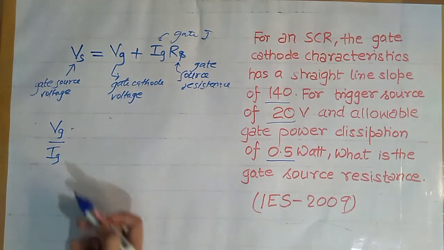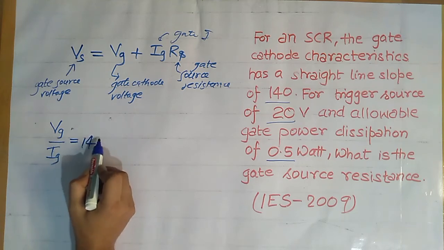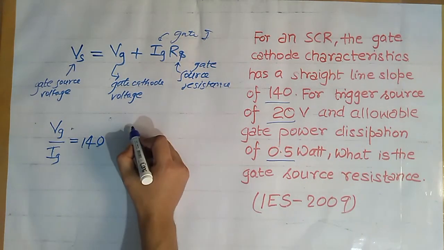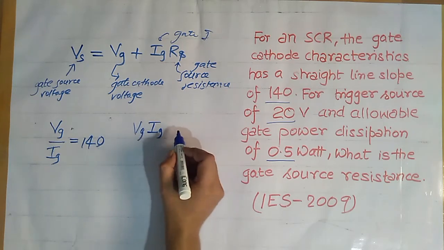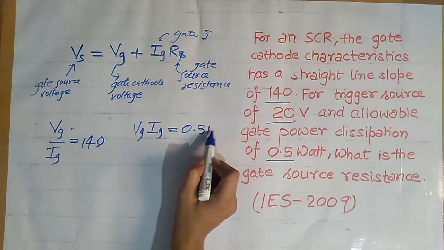So this is given as 140. And it says that the allowable gate power dissipation is 0.5 watt. It means Vg into Ig is given as 0.5 watt.